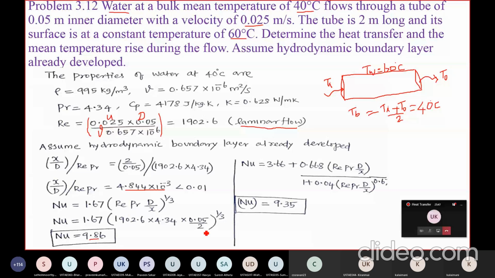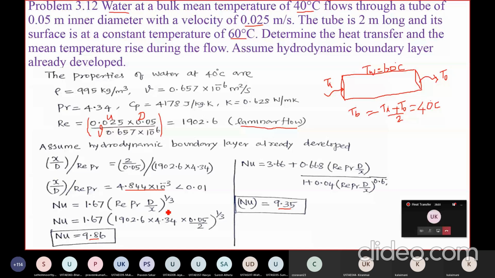Almost a similar value. Therefore, we can use any one of these formulas for a fully developed hydrodynamic boundary layer. Before using it, we check that the ratio x by d Reynolds number Prandtl number is less than 0.01. Only then is this expression valid. This expression is almost valid for all cases of a fully developed hydrodynamic boundary layer.